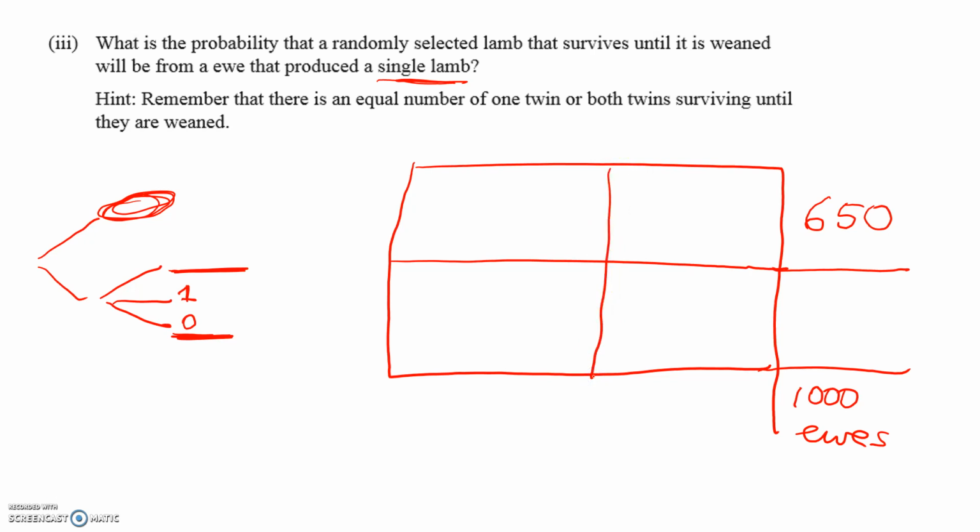And of those single births, how many of those lambs lived? Well, it's going to be, put our 350 here as well, 86% of 650. So that gives us 559 lambs. I'll put L there.